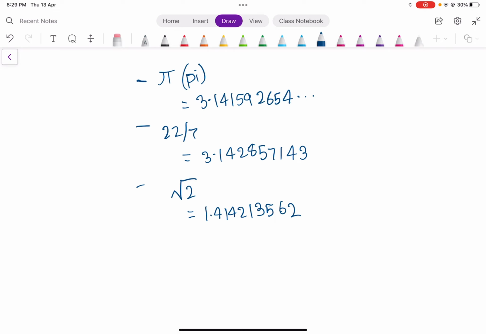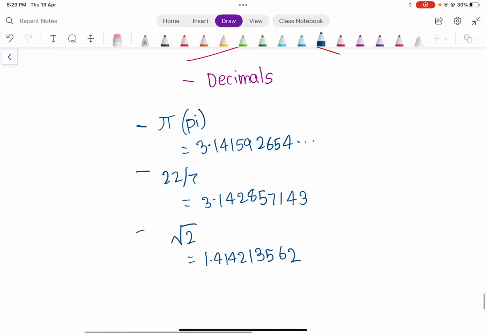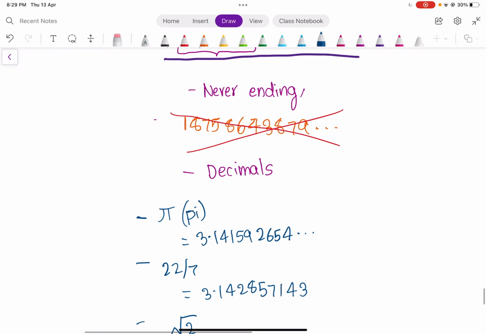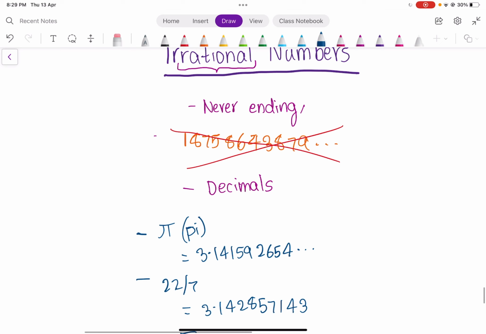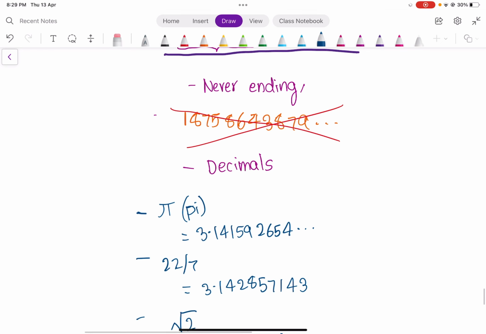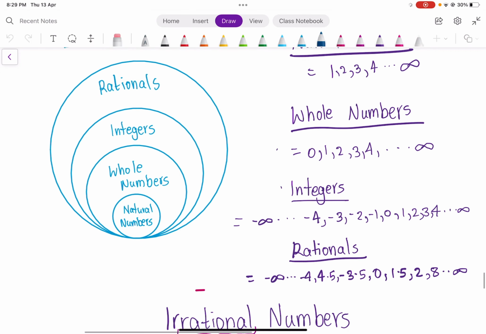You can try experimenting with that by yourself. Basically, irrational numbers, I wouldn't say are rational numbers. They are different because they never end, while rational numbers do end.